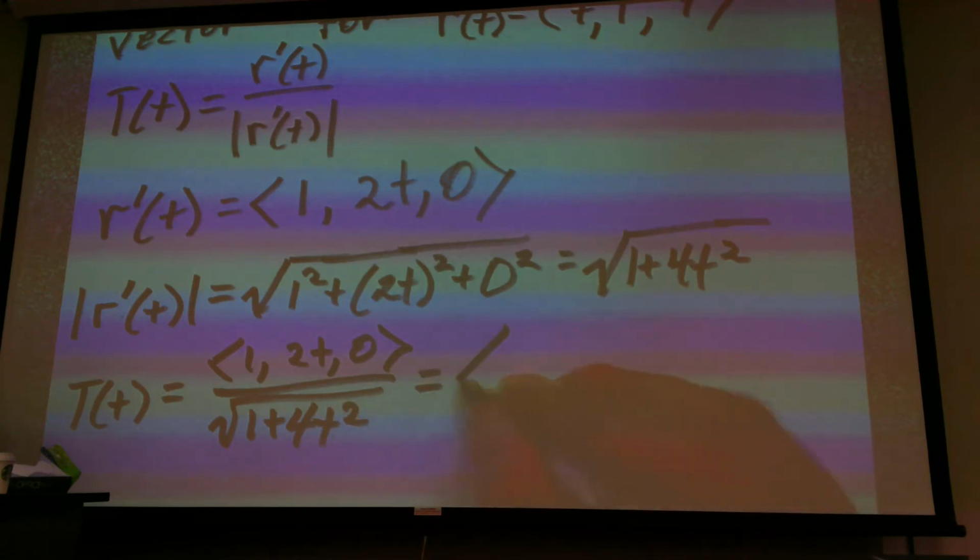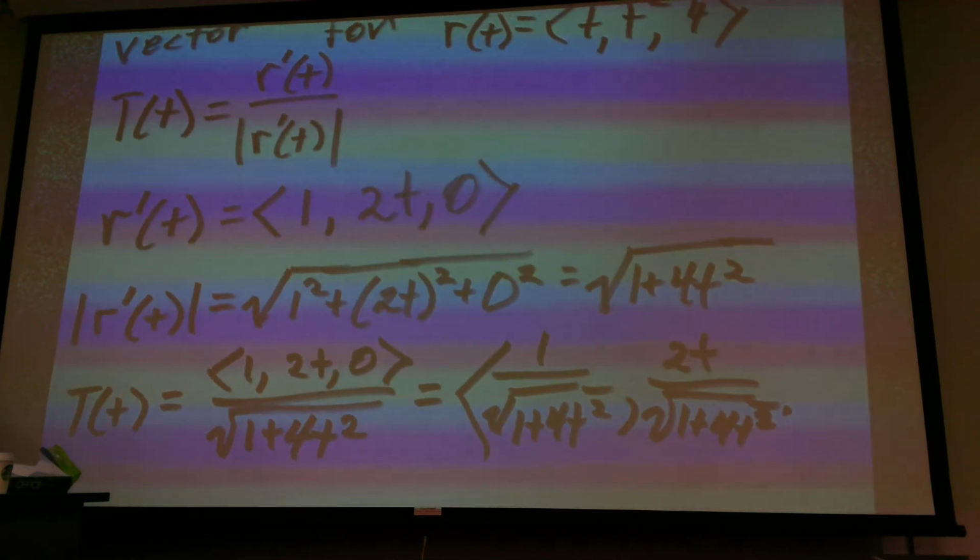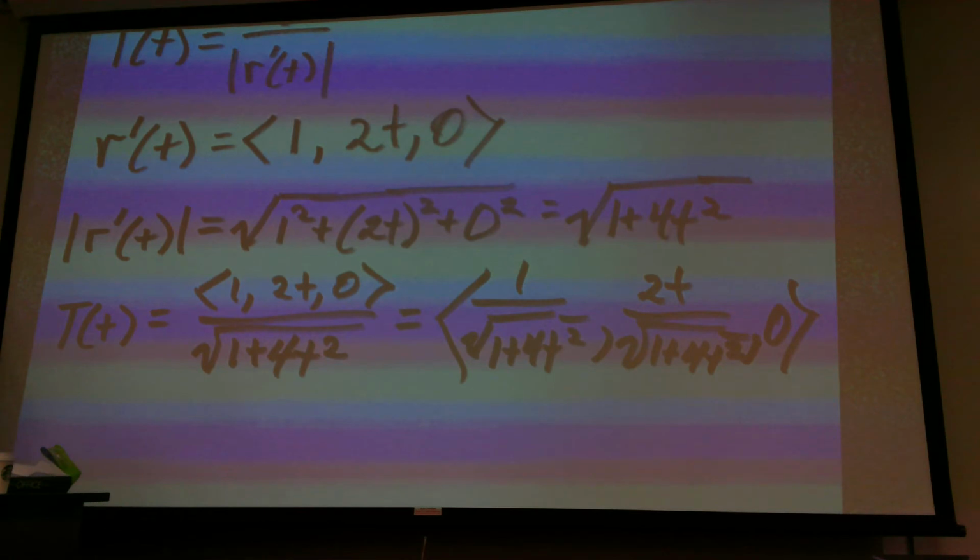And it's easier to write it like this because we're going to have to take this derivative again: 1 over the square root of 1 plus 4t squared, comma, 2t divided by the square root of 1 plus 4t squared, and then comma 0. Okay, so that's T of t. It's just r prime of t divided by the magnitude of r prime of t, corresponding to any point.